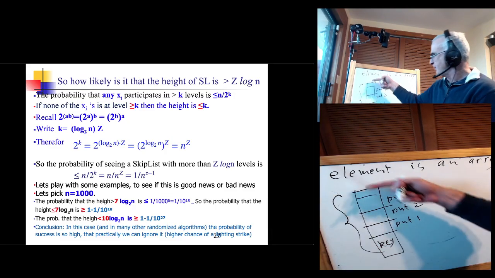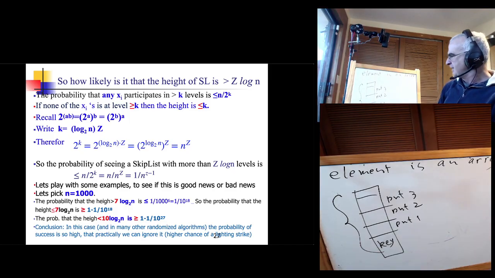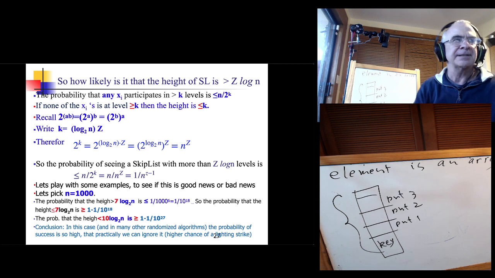And all I need to do is to make sure that the number of cells in this array per each element is the same.